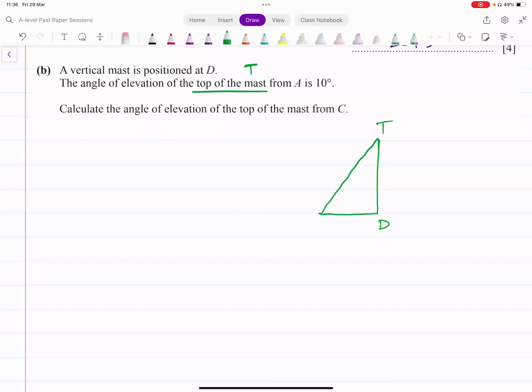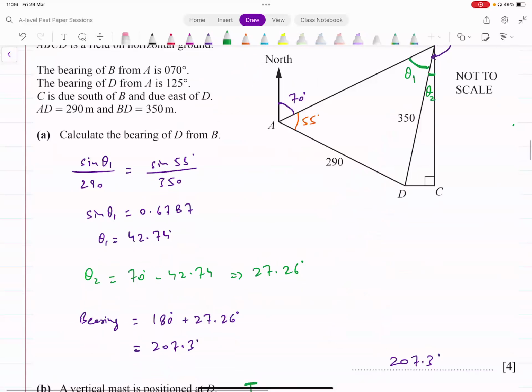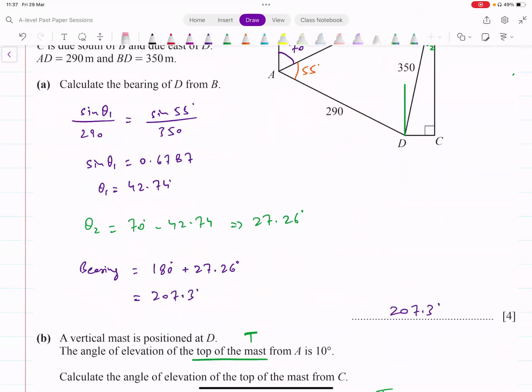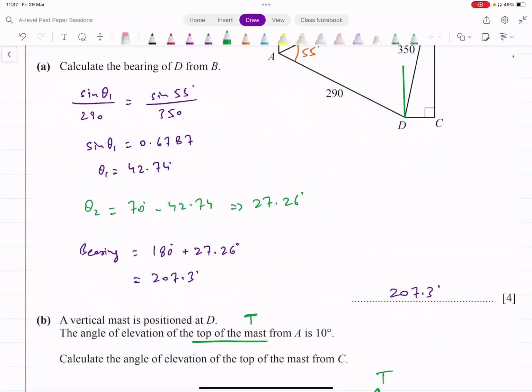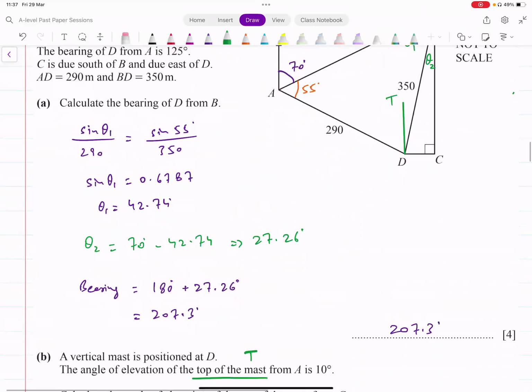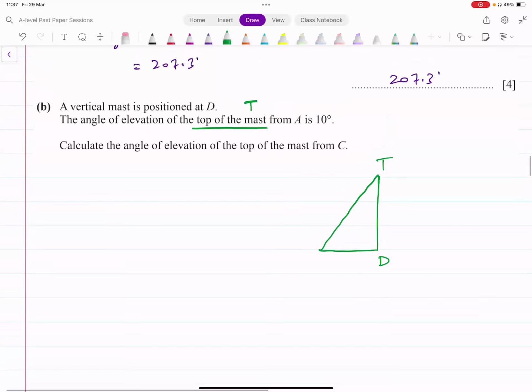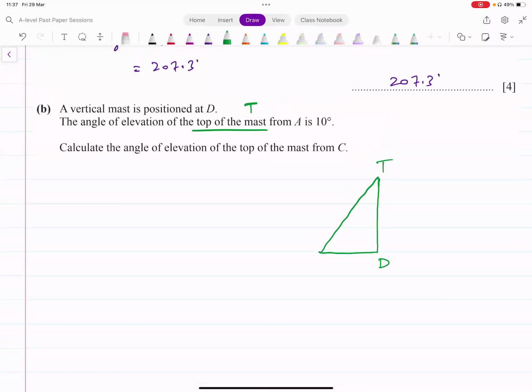This is the top of the mast. So in that diagram, I could perhaps draw T like this, but this line is actually coming out of the screen. You have to understand that. Then this line has to come out of the screen. I could draw it on this side, let's say this is T, this is coming out of the screen, okay? If you were to draw it on the side here, it would look something like this.